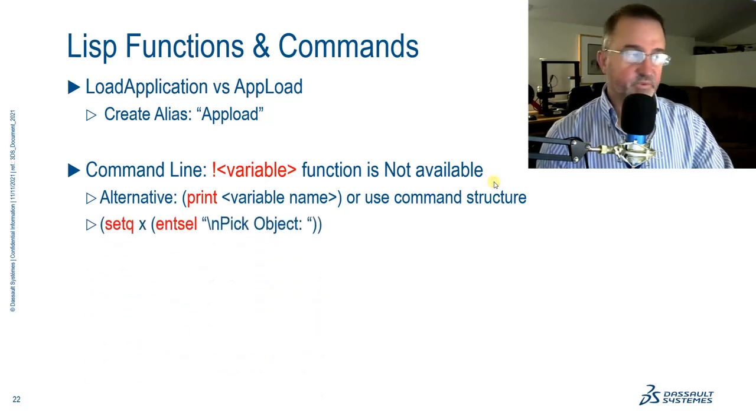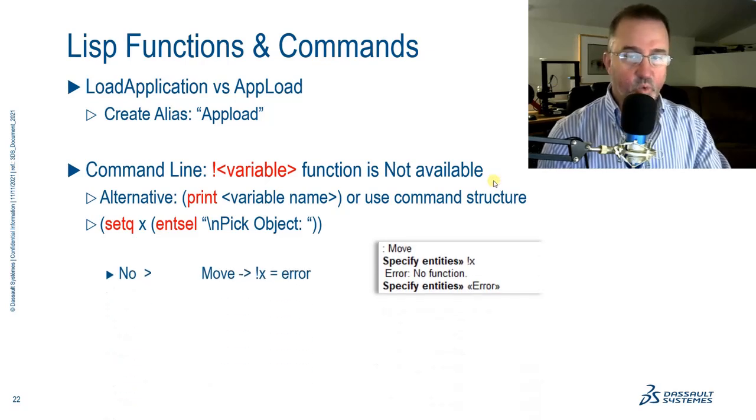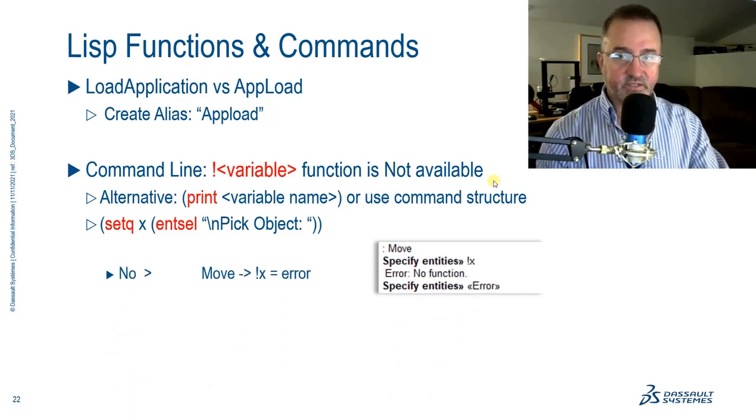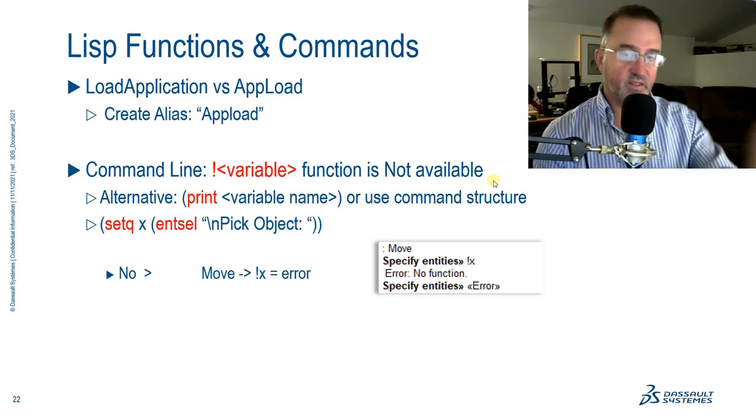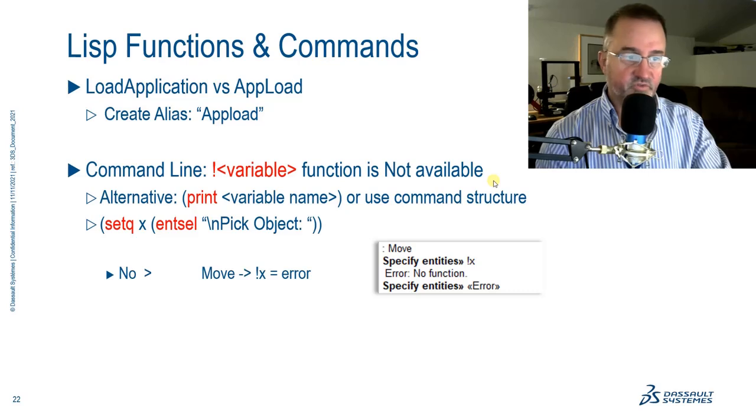Now, I'll give you an example of this. Let's say I set the variable x to an entity. Well, if I want to use that entity during a move command to see that I have the right entity selected, if I do exclamation X, it will not work. It'll tell me there's no function.